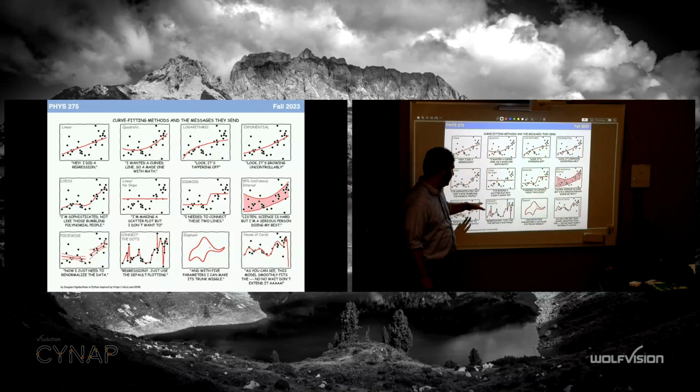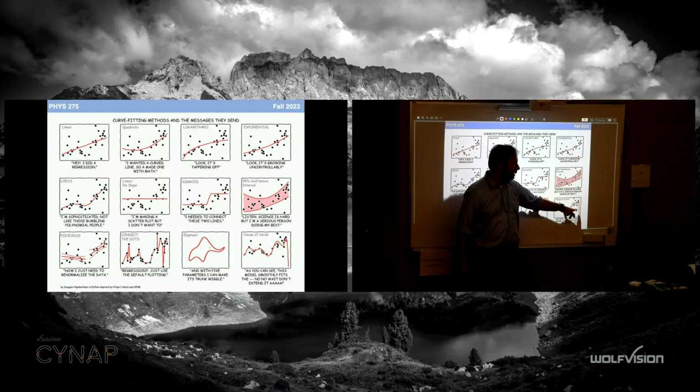And piecewise is 2 models for 2 parts of the data, which you can do. This is literally a polynomial with degrees of freedom to go through every point, which is way overfitting, right? Like I'm already overfitting here.